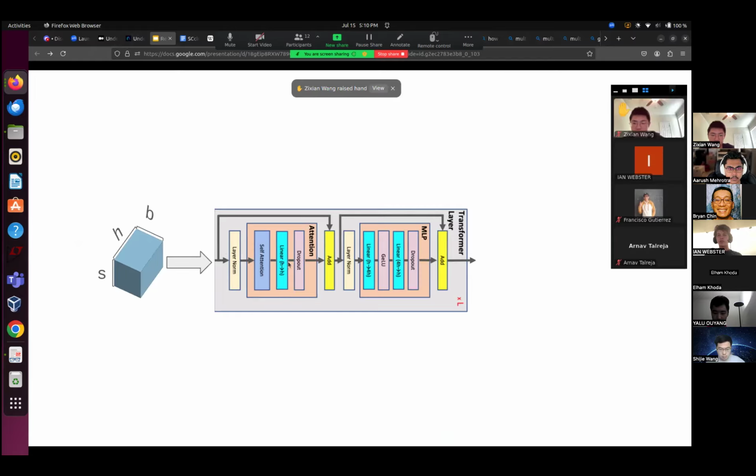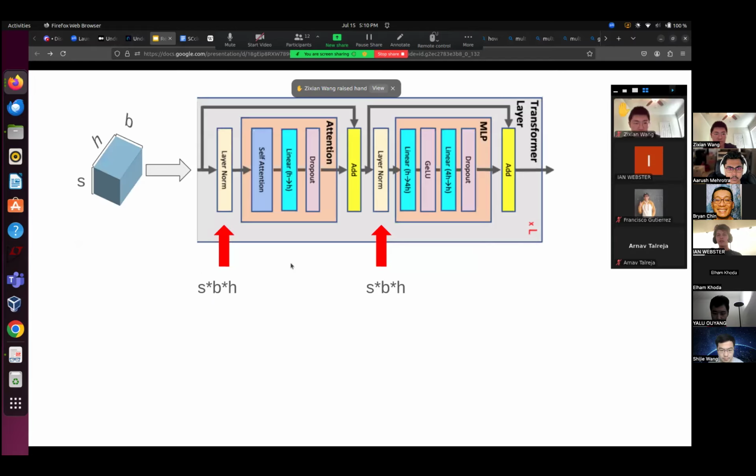The first section we're going to look at is the attention. Oh, sorry, my bad. The layer normalization. Each of these is going to contribute S times B times H worth of activations, but not so fast.